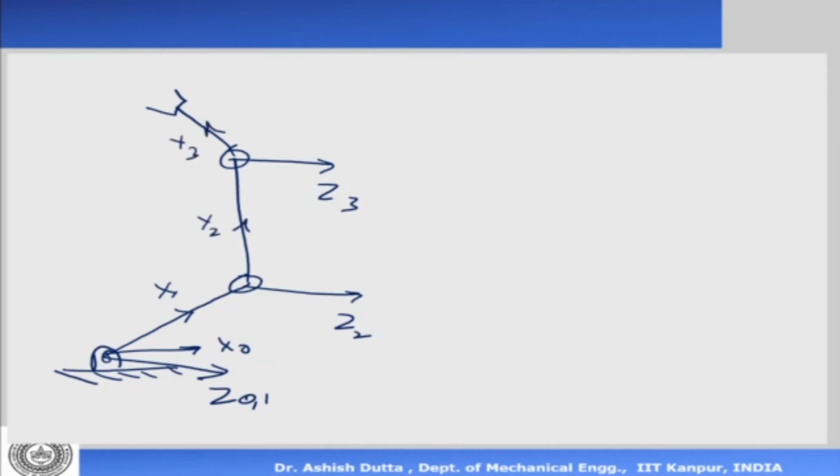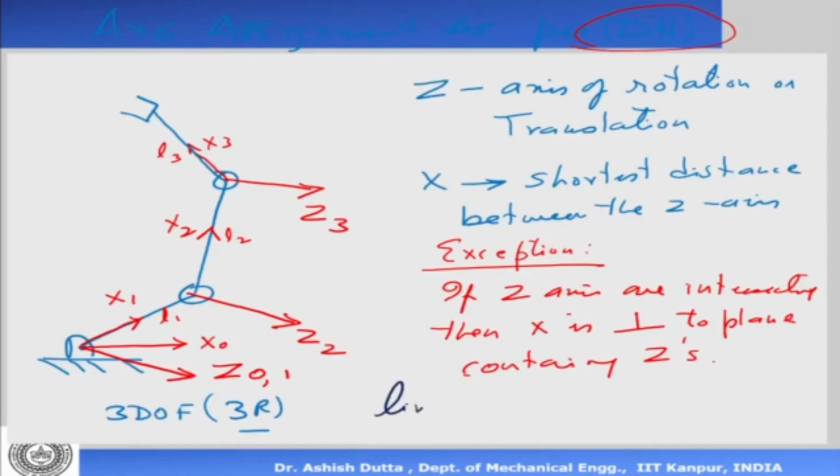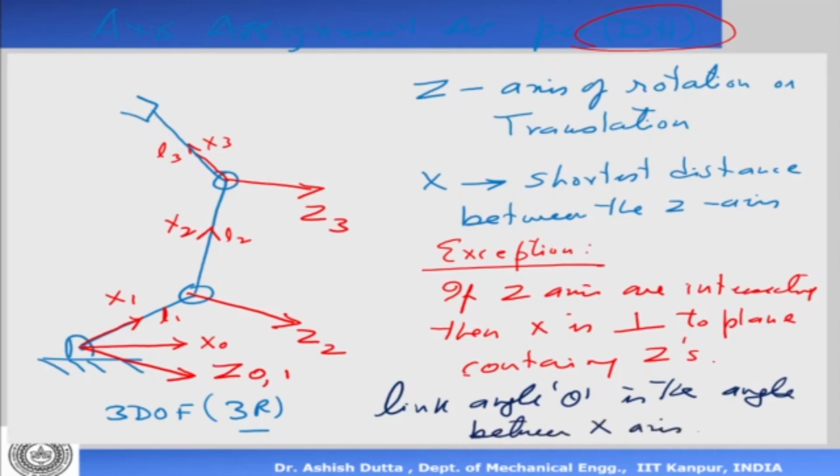Next, I want to find, so what is theta here now? Something I missed out maybe here is what is the link angle? The link angle theta is the angle between the X-axis. Okay. So in this particular case, this is my theta 1, that's my theta 2, and that's my theta 3. So the only variables here are theta 1, theta 2, theta 3.